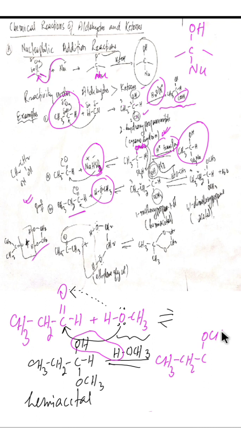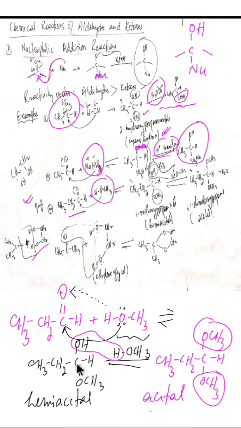See the CH3CH2, here again OCH3 will come. This is hydrogen. So such a compound in which two alkoxy groups are attached to the same carbon atom is called acetal. This is acetal.